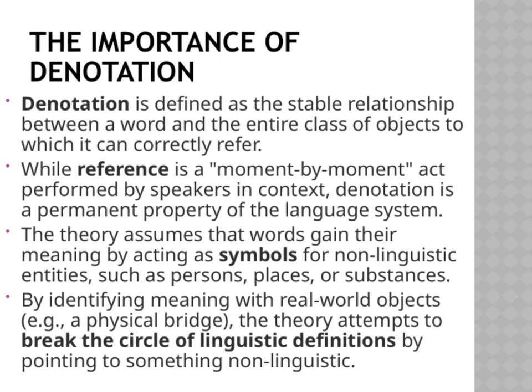Instead of defining a word through other words, it points directly to something outside language, something concrete. Understanding denotation is important because it helps us see how words relate to the real world, providing a foundation for how language functions as a system of shared meaning. It's a key piece in understanding how language connects us to the world around us.